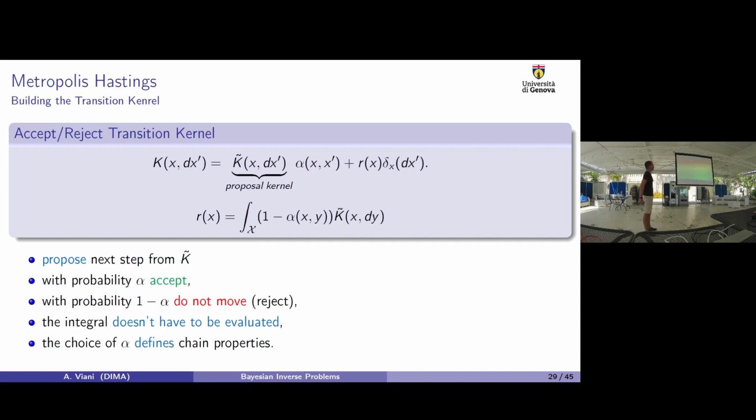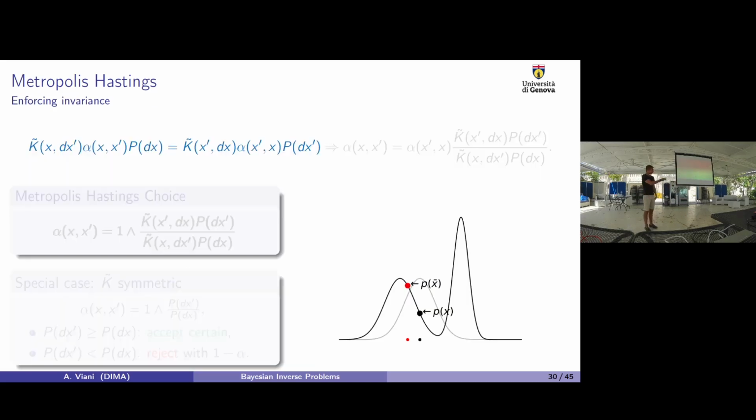And of course, the choice of alpha defines the chain properties, because it's the probability of accepting or rejecting the proposal. Now, how can we choose alpha? We are not free, because we need this K to be invariant, so the detailed balance condition must hold.